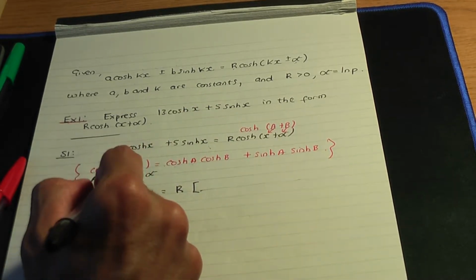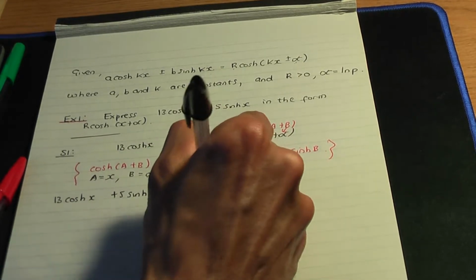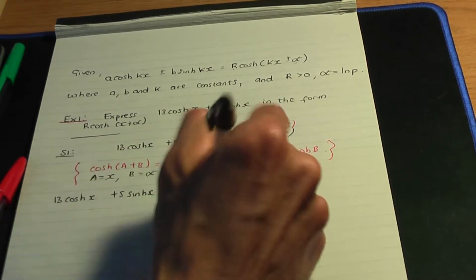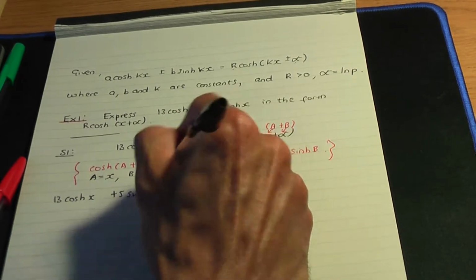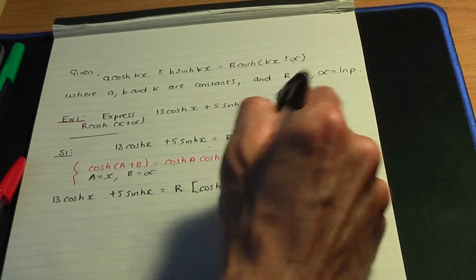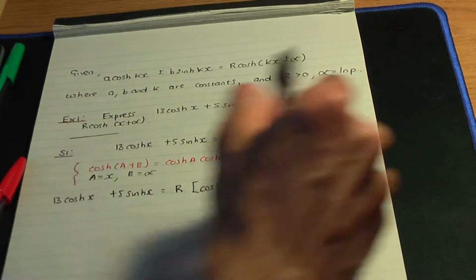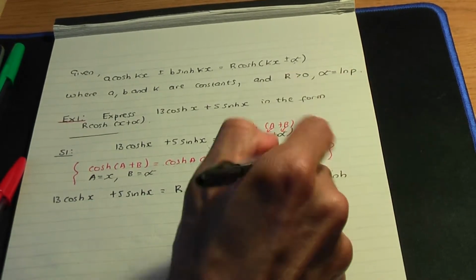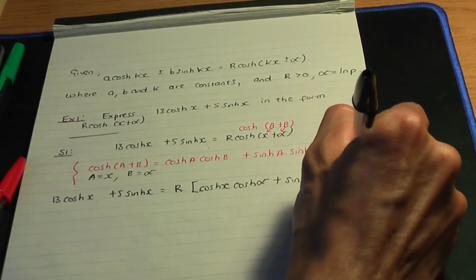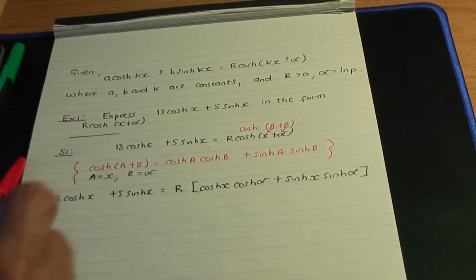So a is x, b is alpha. When I do the replacement, we're going to have hyperbolic cos a, which is x, hyperbolic cos b, which is alpha, plus hyperbolic sine a being x, hyperbolic sine b being alpha. Okay, so that is step number 1.